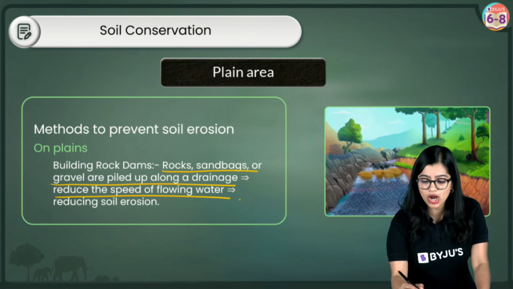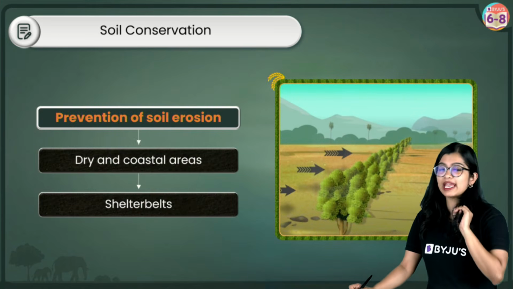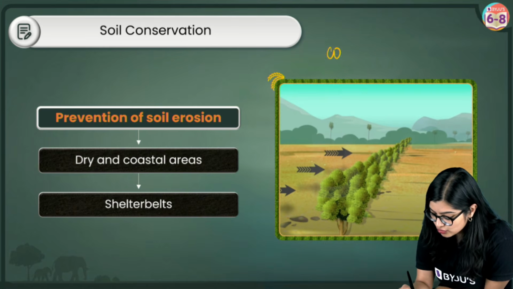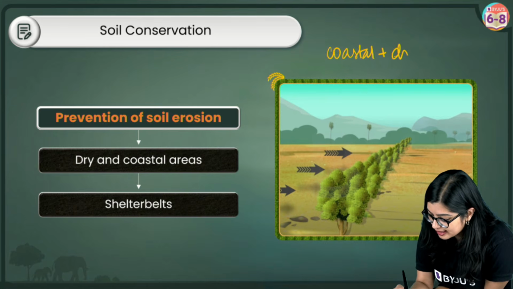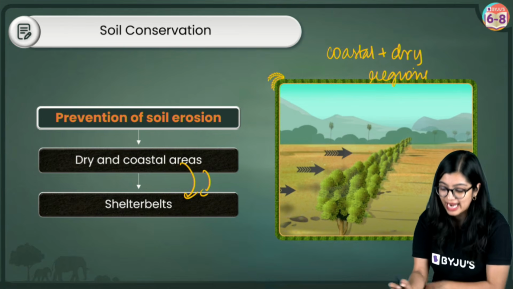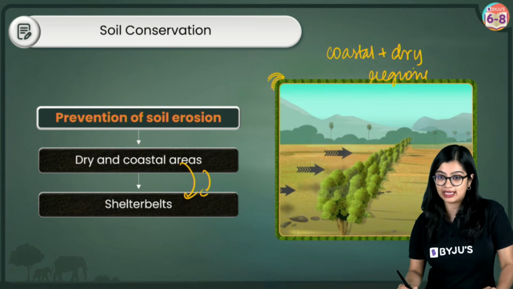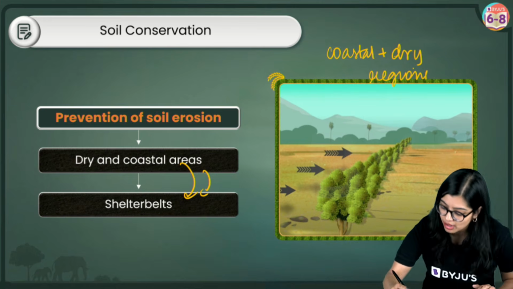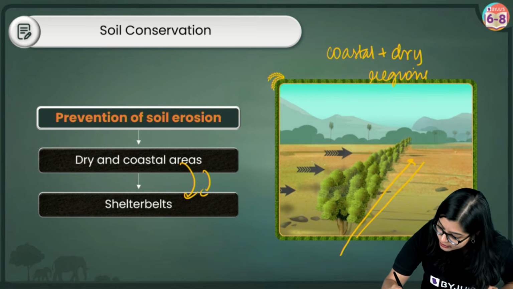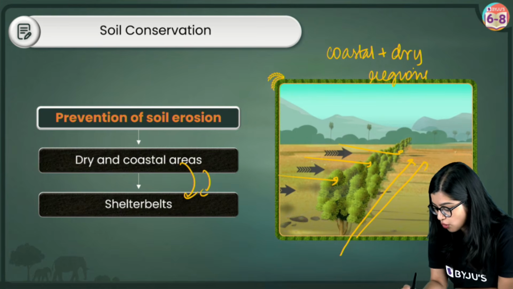This is of course in plain areas. But in dry areas, or I would say in coastal regions, especially in coastal and dry regions, we see that shelter belts are built. Now, what are these shelter belts? Shelter belts are a long row of trees that blocks the flow of air.